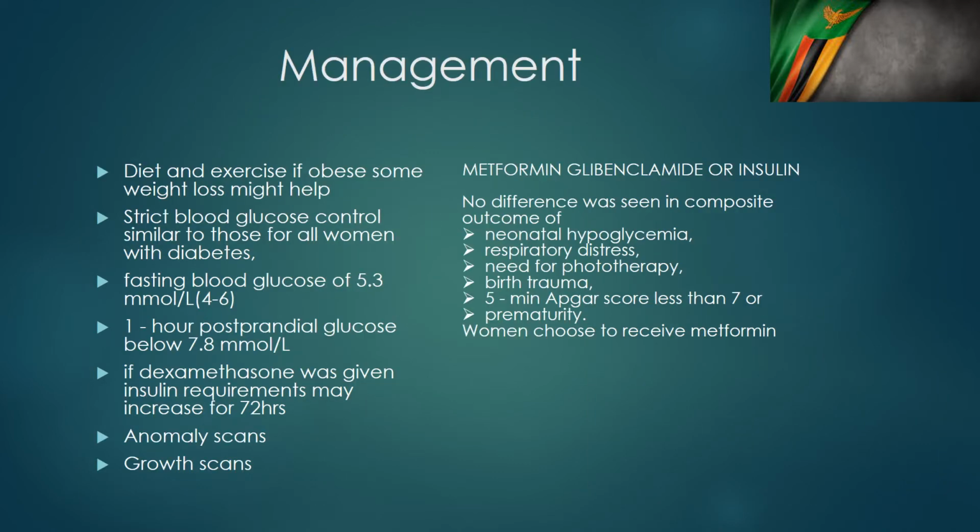So how do we treat gestational diabetes mellitus? So we normally start with diet, and the diet should be predominantly carbohydrate and ideally complex carbohydrates. So a complex carbohydrate means those carbohydrates with low glycemic index.